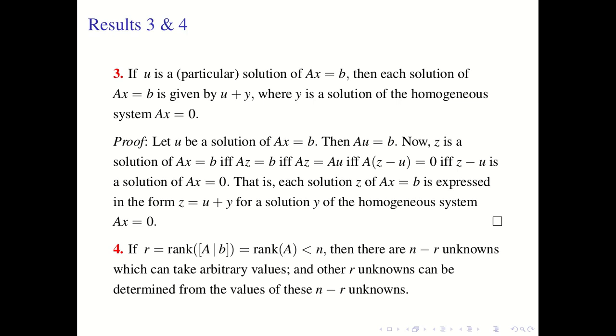So let U be a solution of Ax equal to B. Then AU is B. Now, for any vector Z, Z is a solution of Ax equal to B if and only if Az is equal to B. But then U is given to be a solution, which means AU is also equal to B, or in other words we can write Az equal to AU.